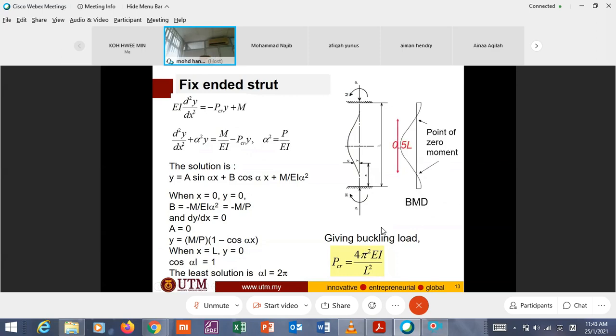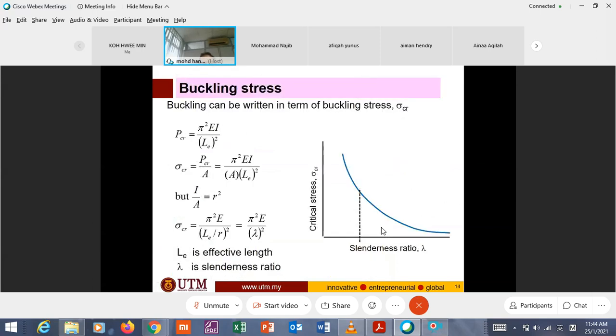So this is how you can easily remember or memorize it. Now we have two conditions, pin condition and rigid condition. Sorry, before going to another condition.